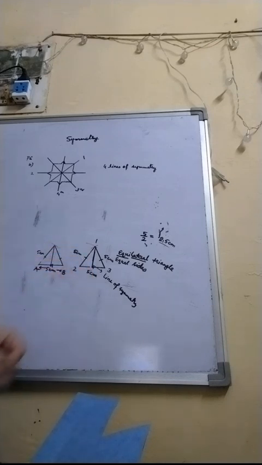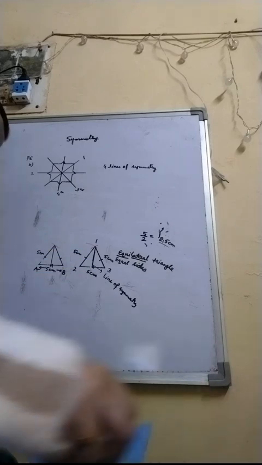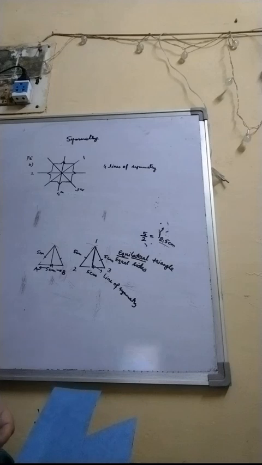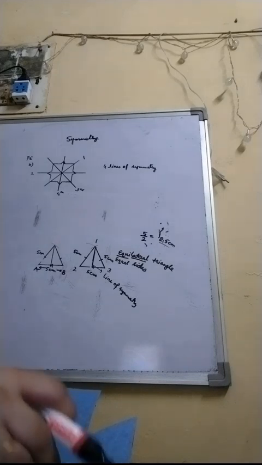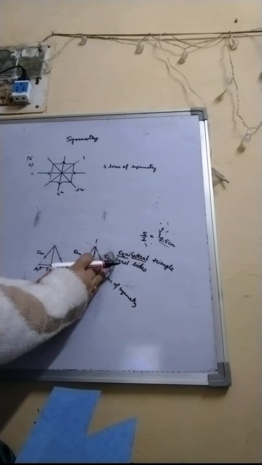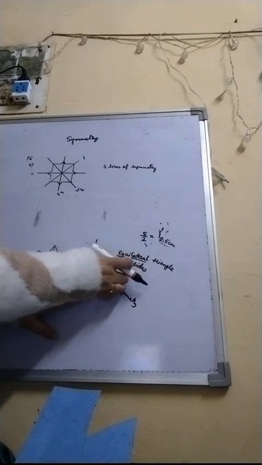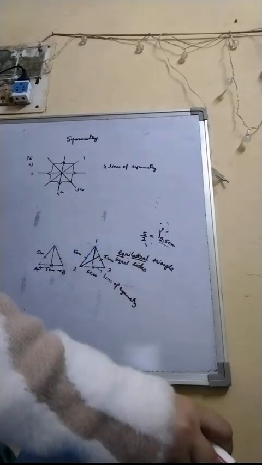So this is the second line of symmetry. So let us keep drawing the line of symmetry here also. So my second line is like this, somewhat like this. This is the second line of symmetry.